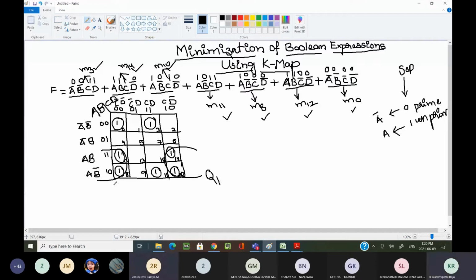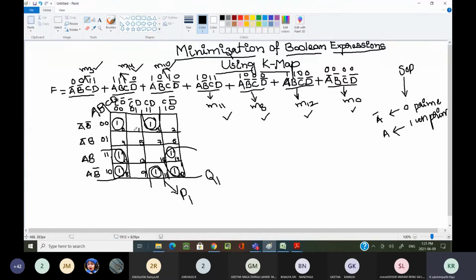What about 11 and 3? If we fold the map vertically, then 11 and 3 I can make one pair. By combining 11 and 3 min terms, I can form a pair.